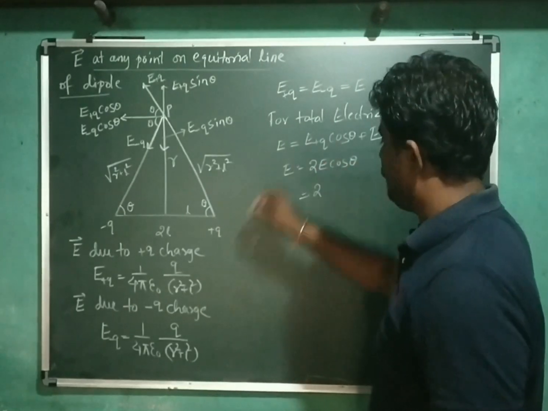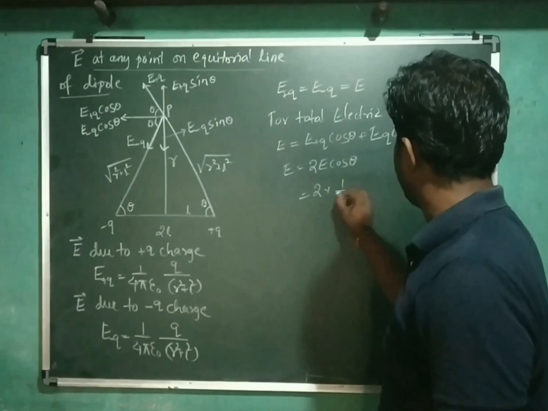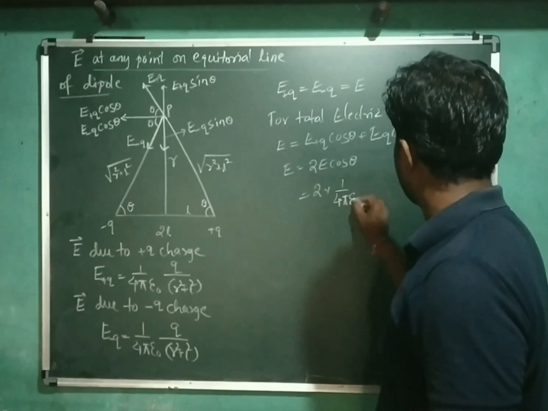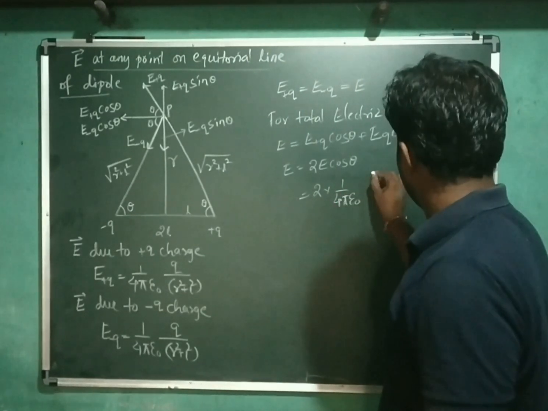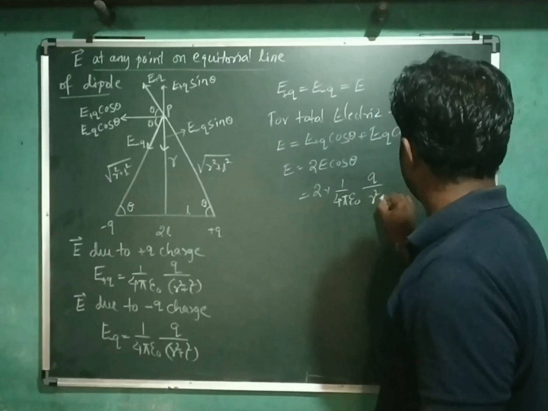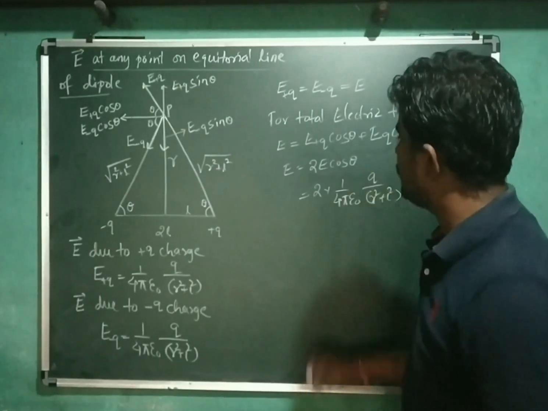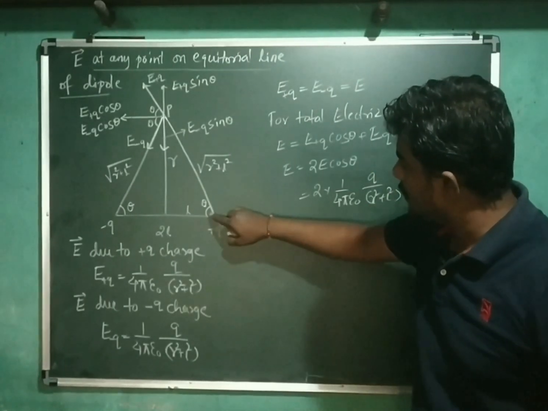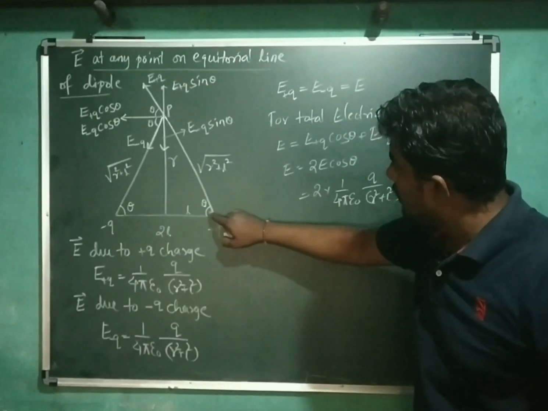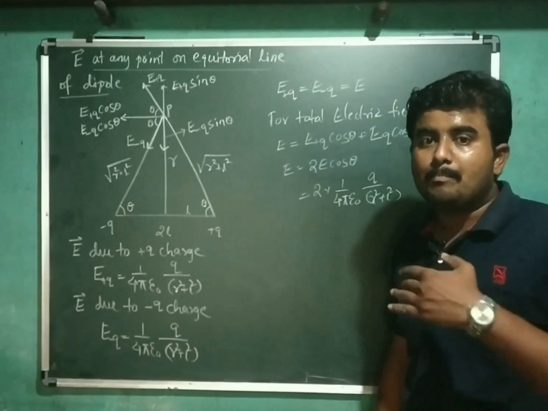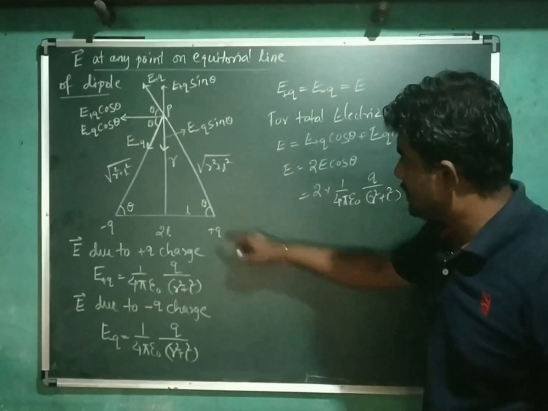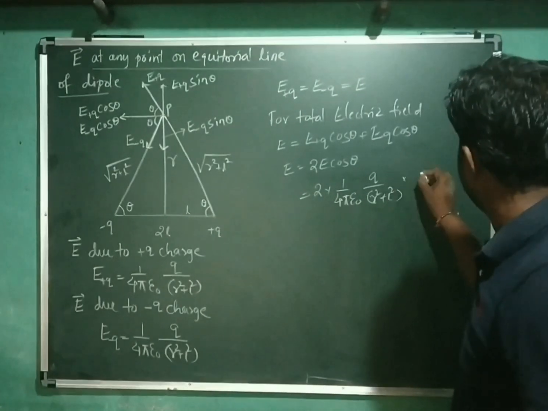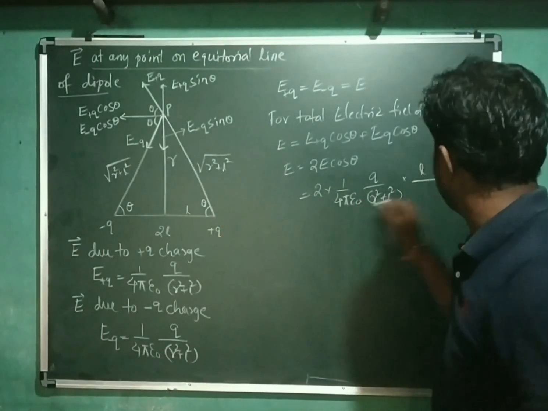And the E value we know, it is 1 divided by 4 pi epsilon naught Q divided by R square plus L square, and cos theta. From this we can calculate the cos theta value. Cos theta is base divided by hypotenuse. Base is how much? L, and hypotenuse is how much?